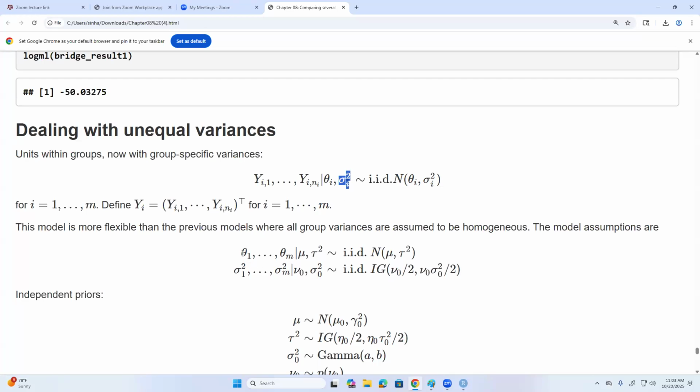Previously we assumed a prior distribution on theta_1, theta_2, ..., theta_m. We are still doing that, but now we have sigma_1 squared, sigma_2 squared, ..., sigma_m squared. We assume that they are coming from an inverse gamma distribution with parameters nu_0 and sigma_0 squared.